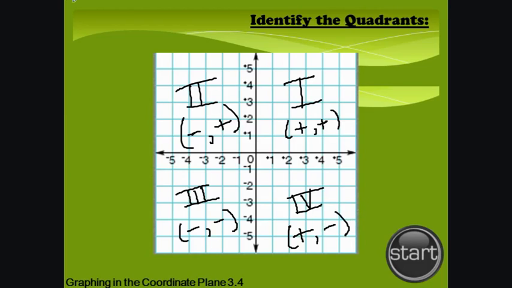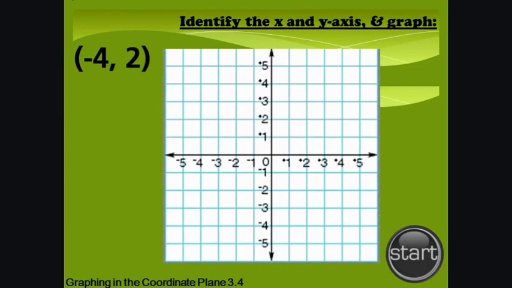Let's go ahead and plot some ordered pairs. Here we're asked to identify the x and y coordinates and then to graph. Our x-coordinate is -4, so starting from the origin, we're moving 4 units to the left, right here. So I'm actually going to use a different tool to do this. We're moving to the left 4 units, and then our y-coordinate is +2, so we're moving up 2 units.